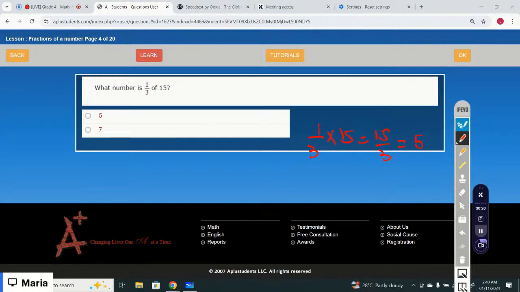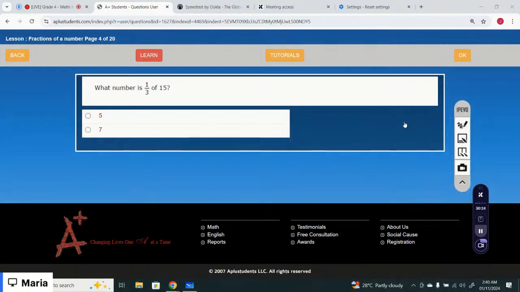So the correct option is option number 1. 5 it is. One-third of 15 is 5. So the correct option is option number 1.